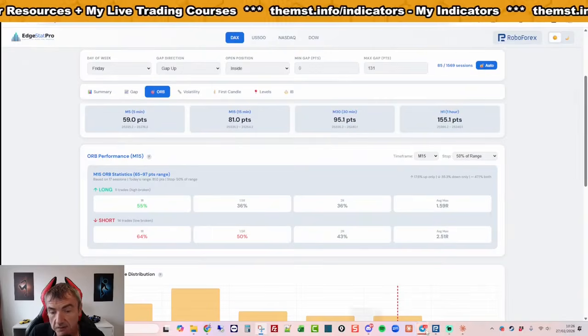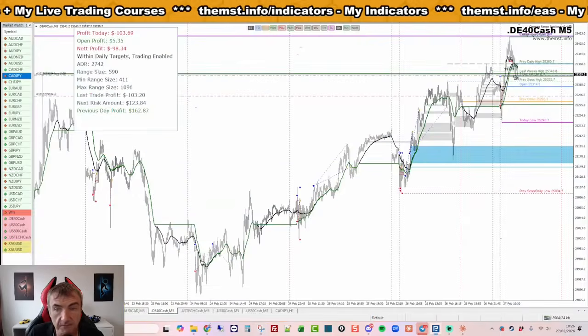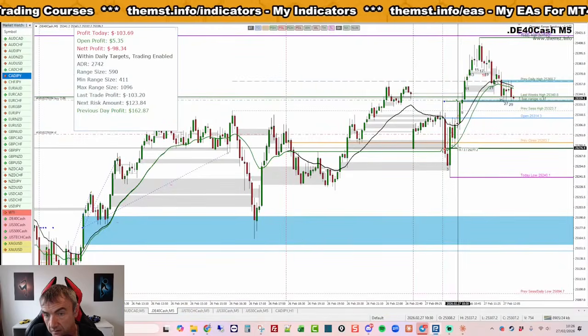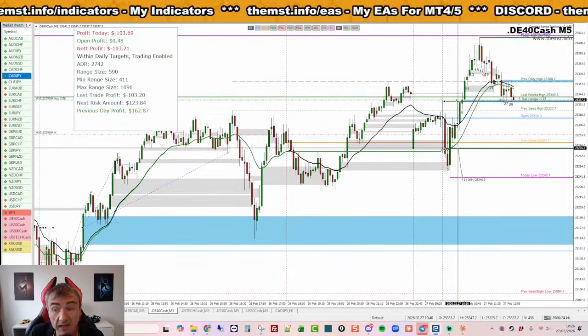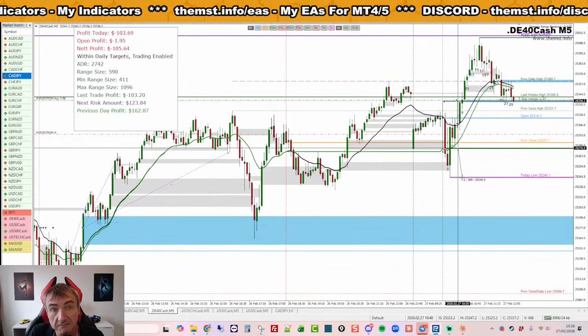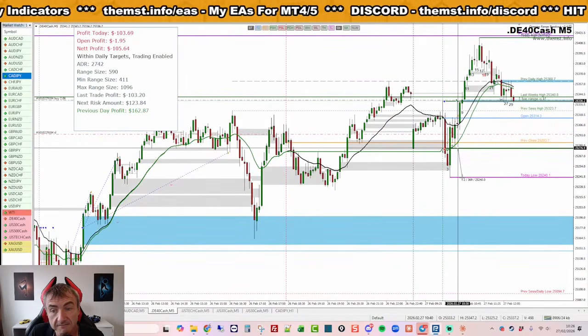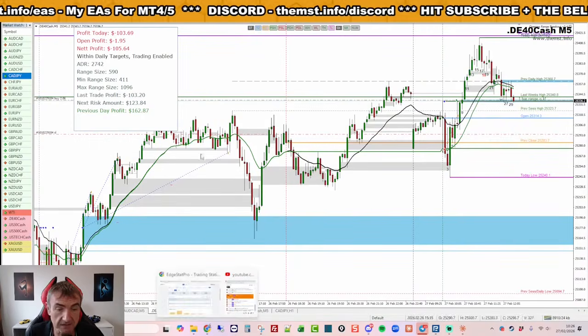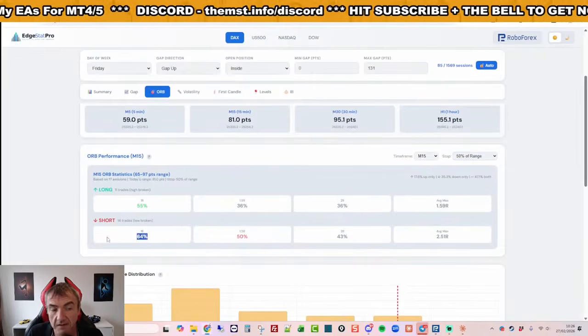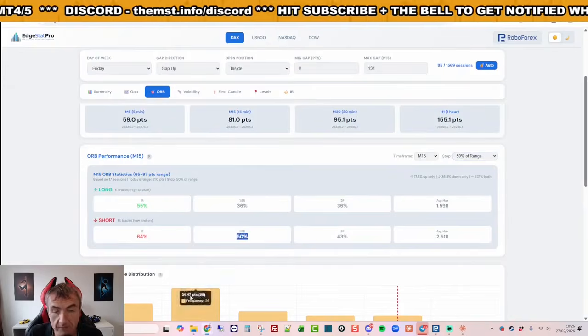It had a 64% chance of hitting 1R on the DAX. We hit, correct. If I'd looked at this, I'd have done a different thing today. That needs to be green, not red.